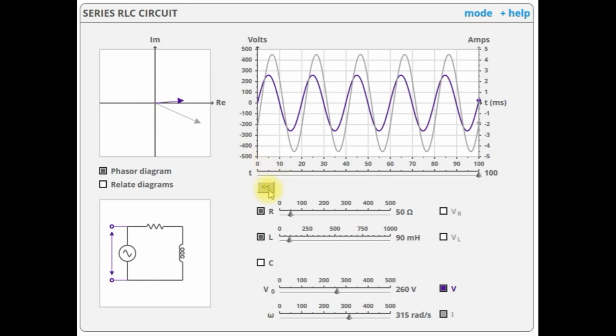Now let us see how it rotates. See, always this phase difference is maintained, and the trace will be like this. It will be continuously varying, but this phase difference will be maintained always.